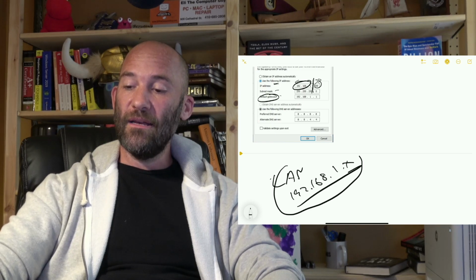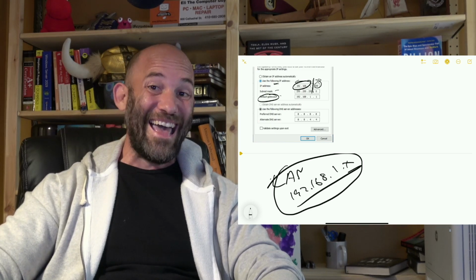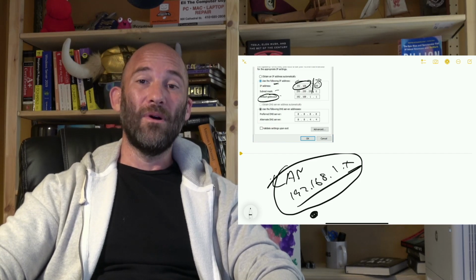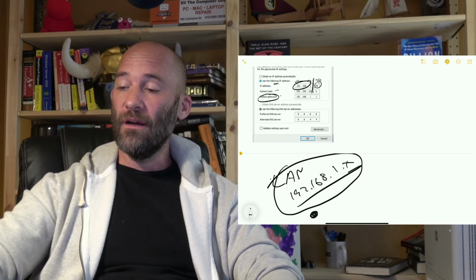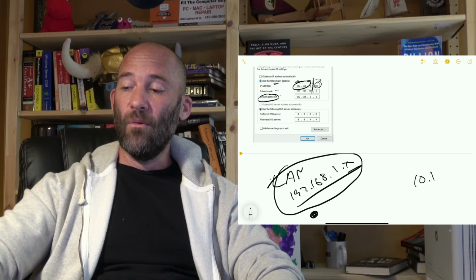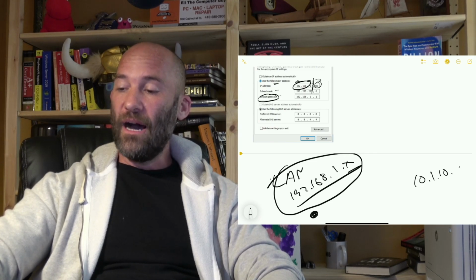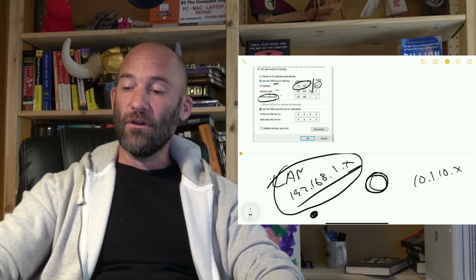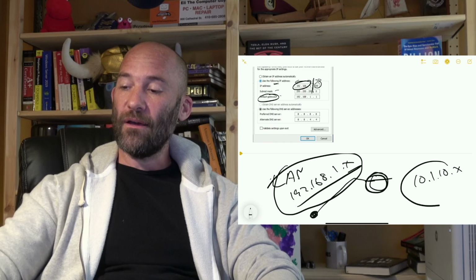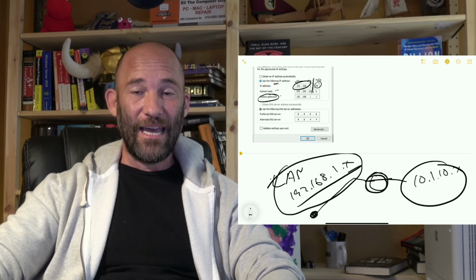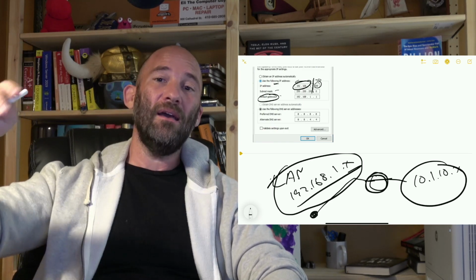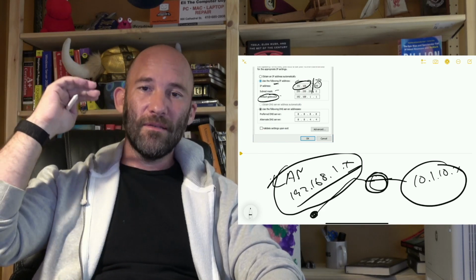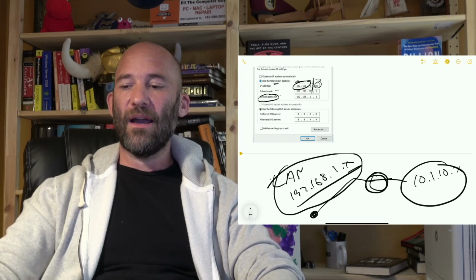So this LAN is a 192.168.1.x network, and if we have a computer on this network that wants to talk to another computer whose IP address is like 10.1.10.x, something in that network, then you are going to need a router to route the traffic between the two LANs, right? So this is layer 3. This is where the internet protocol comes in, and this is where we have IP addresses and subnet masks and all of that kind of thing.